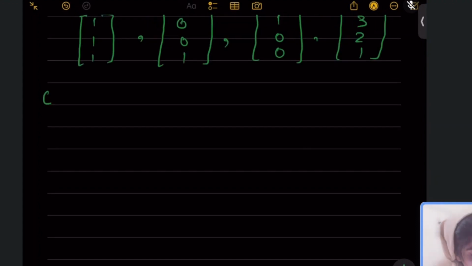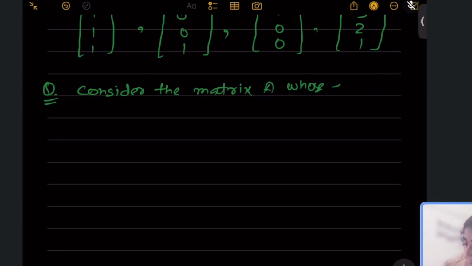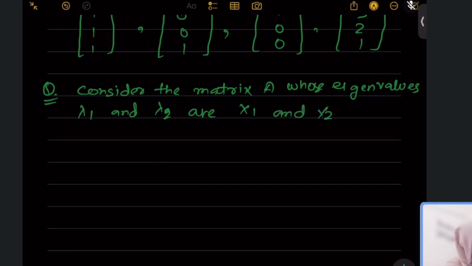This one is a simple question. It was asked in GATE 2019. So, let's do this. Consider the matrix A whose eigenvalues lambda 1 and lambda 2 are x1 and x2 respectively.